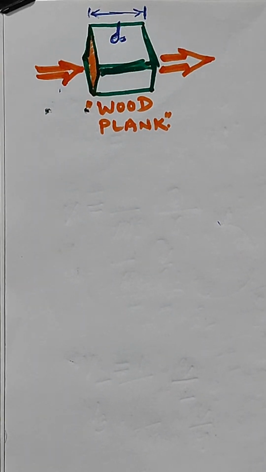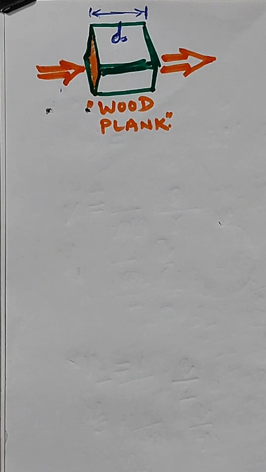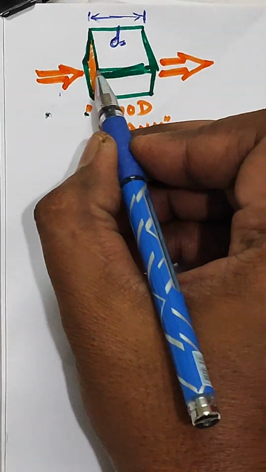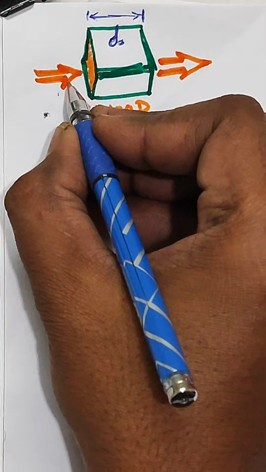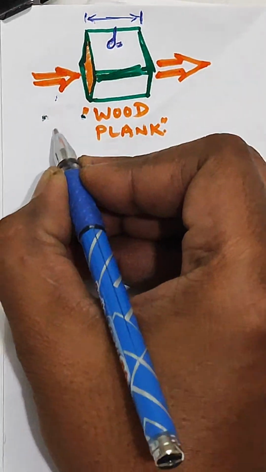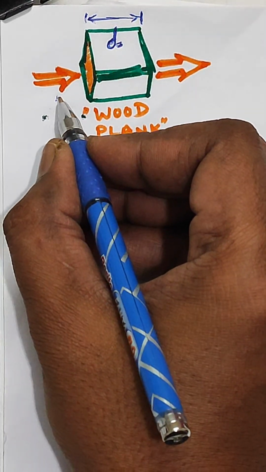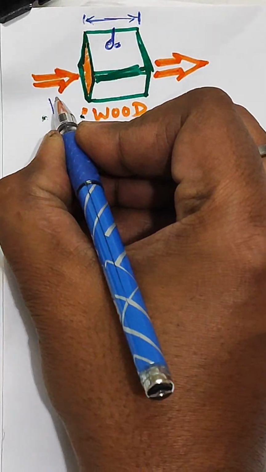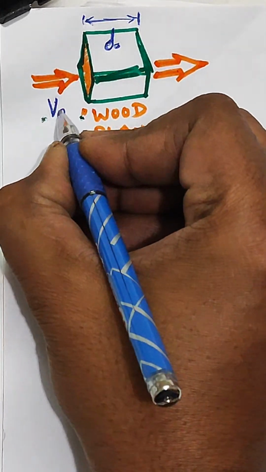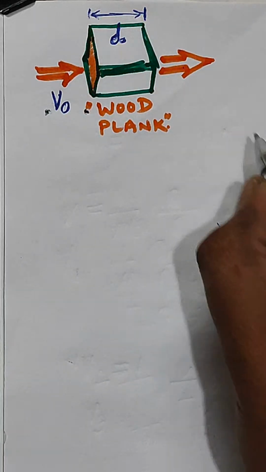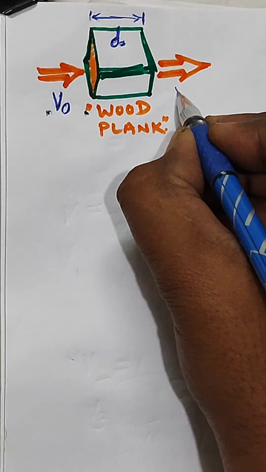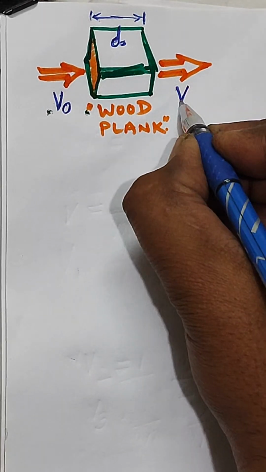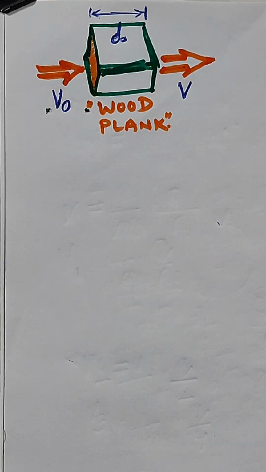Now from here a bullet changes its velocity from v0 to v. That means during the entry the velocity of the bullet is given as v0. Here it's v0, right? And on exiting after penetrating, the velocity of the bullet is v, right?